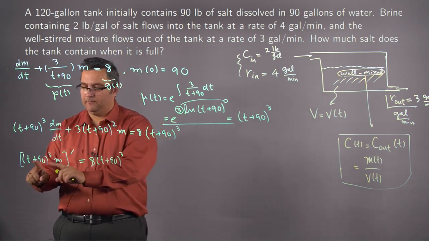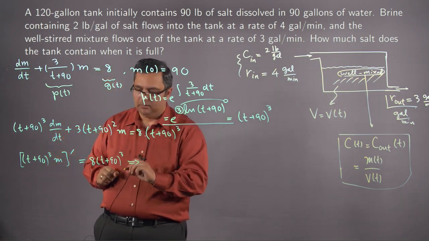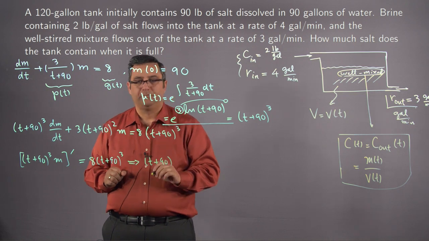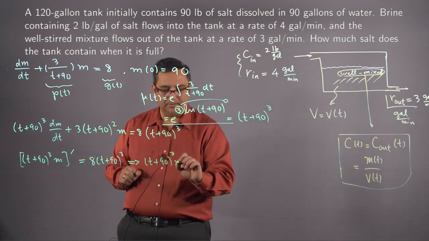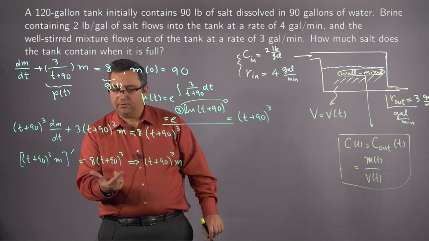So simply the derivative is known, so let's integrate both sides to get t plus 90 cubed times m equals the integral of this function.